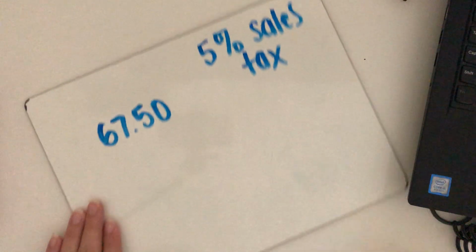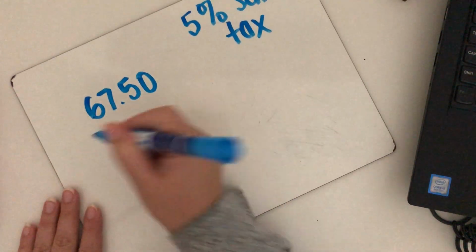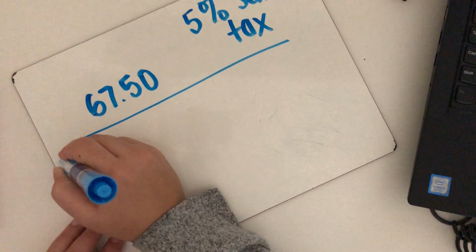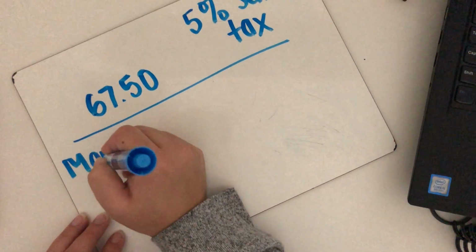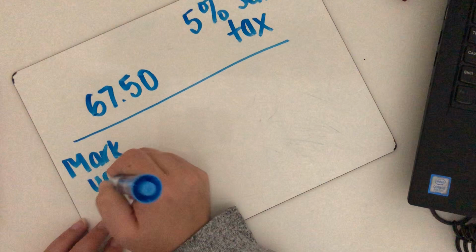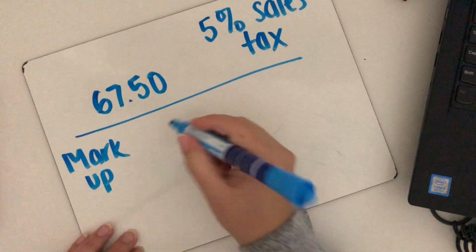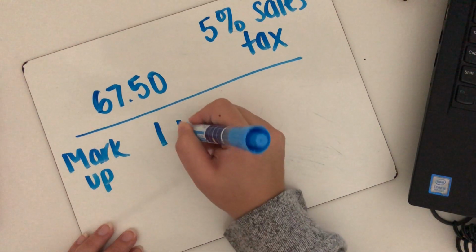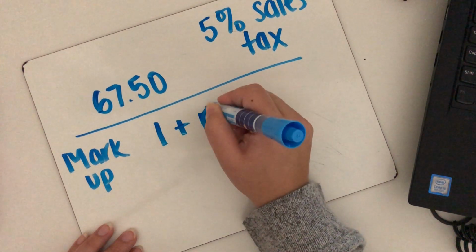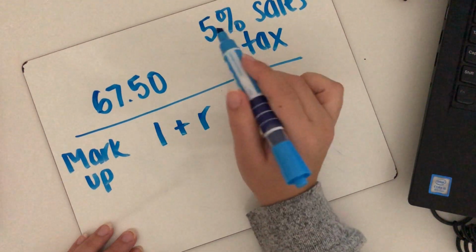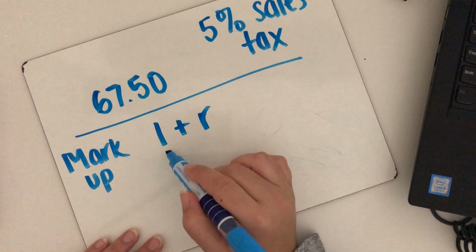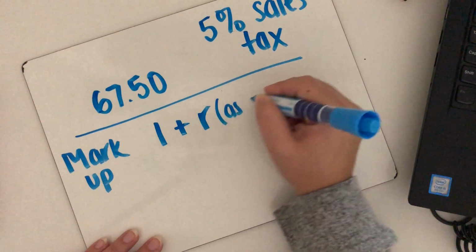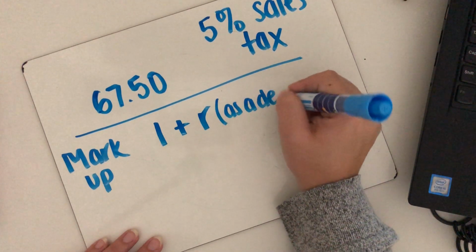So real quick, before I even start this one, I'm just going to put a line here. Whenever I'm dealing with a markup, I'm going to do 1 plus the rate, which is always identified as your percent. I'm going to do 1 plus that rate, put in as a decimal.